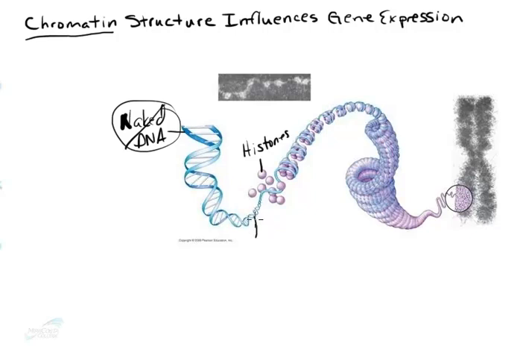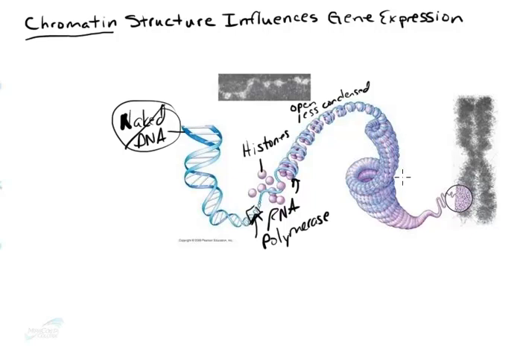I mean, if RNA polymerase is going to find, let's say this is a little promoter here that RNA polymerase needs to find, then the chromatin has to be in a pretty loose or open chromatin structure, less condensed state, in order for RNA polymerase to be able to access the promoters that it's looking for in order for genes to be expressed.